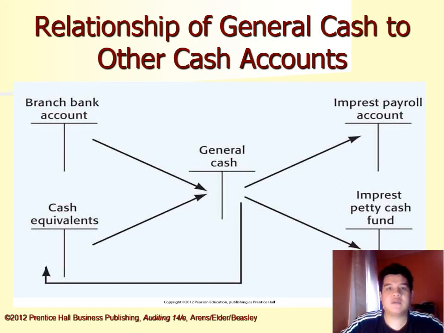All cash either originates from or is deposited in general cash. So for the remainder of the chapter, the focus is on auditing three types of accounts, which are general cash accounts, imprest payroll accounts, and imprest petty cash funds.